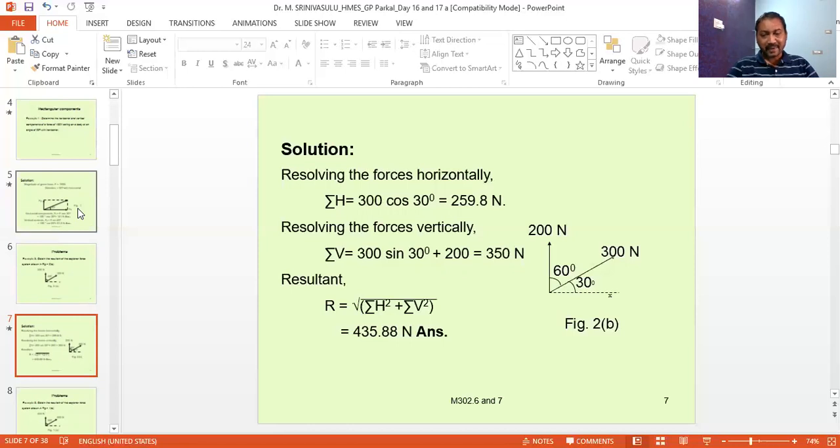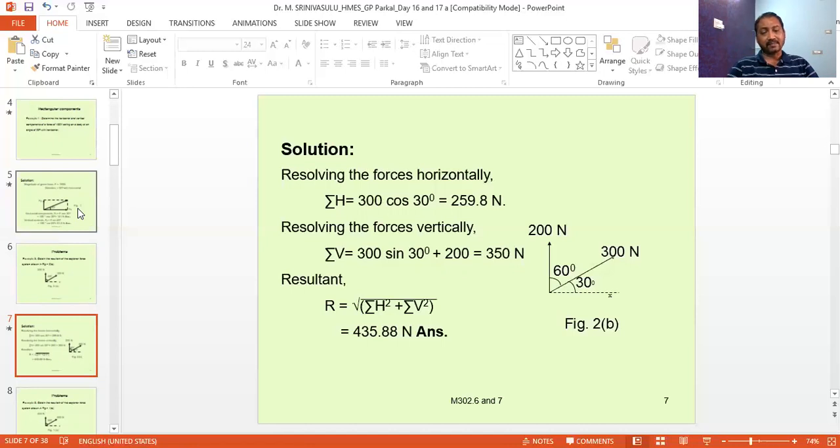So 30 degrees is the angle made by the given 300 Newton force with horizontal, because we should always take only the angle made by any force with horizontal.